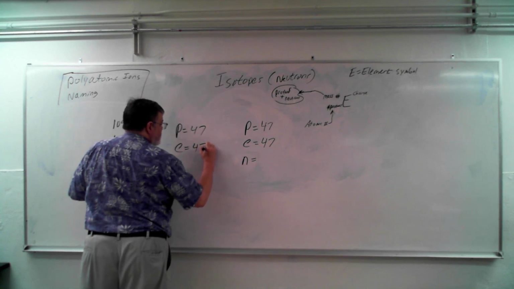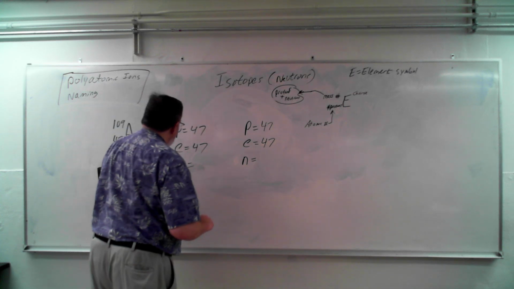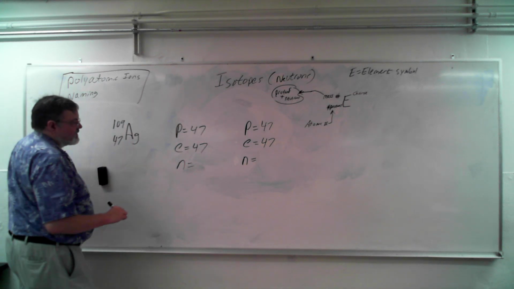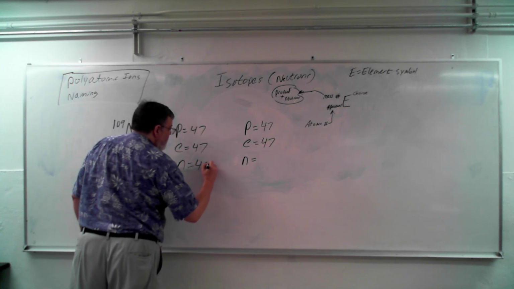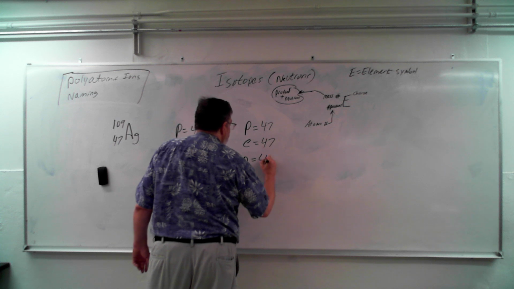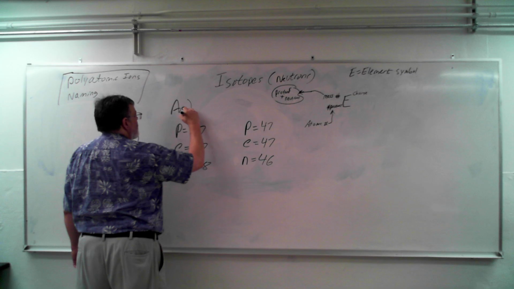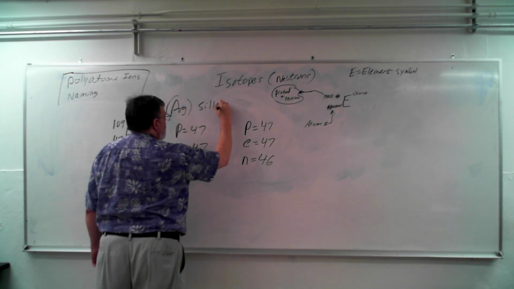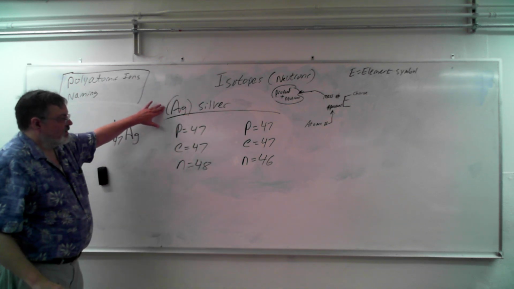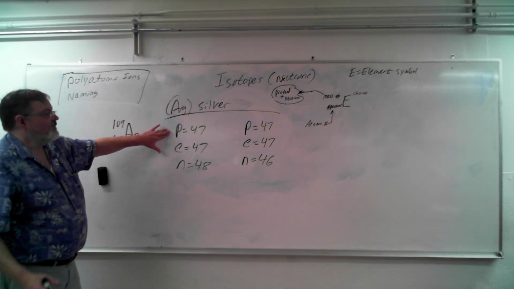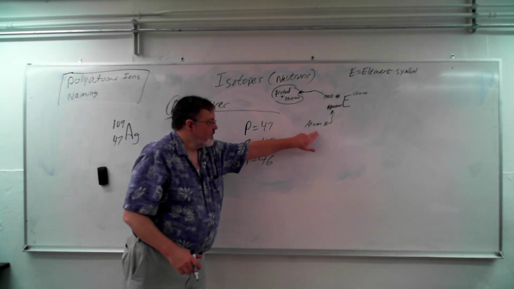Stay with neutral atoms just to keep it simple. I would have to look it up, but I'm just going to make it up. What I'm showing here under Ag, silver, is protons are 47. That defines silver, and that's the atomic number.